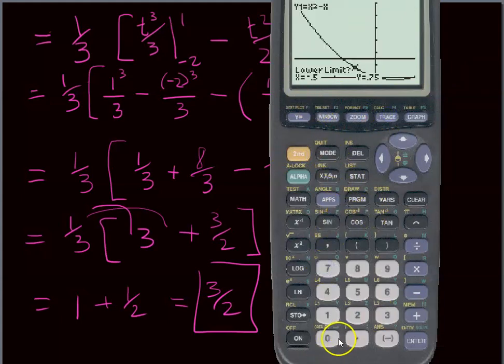The lower limit is, and make sure you're in function 1 here, y1, -2 is the lower limit, 1 is the upper limit. And it is 4.5. The area under that horizontal line at 3/2 is 4.5. It's the same thing. Okay.